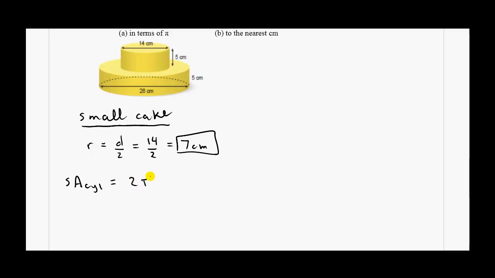Surface area is 2 pi r squared plus 2 pi rh. Please recall that these are two circles, and this is for the curved area, or the body, or the side of the cylinder.